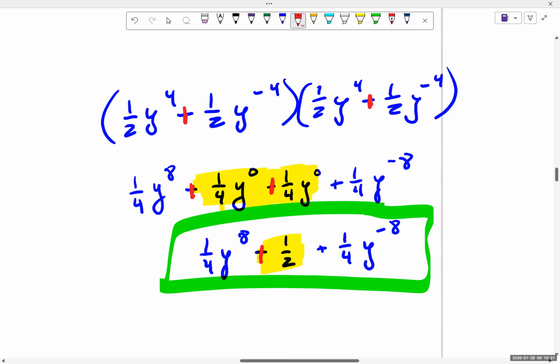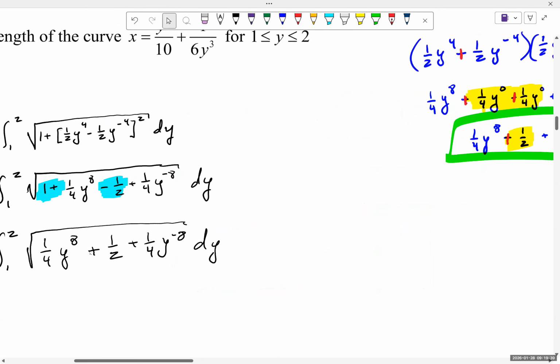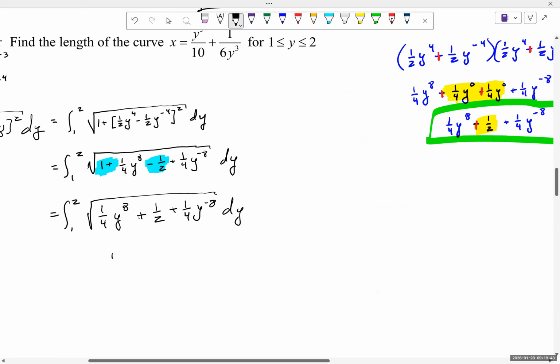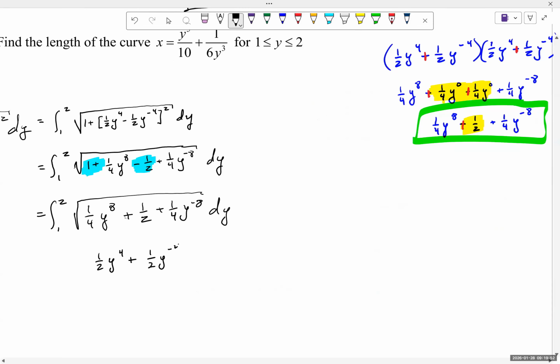Yeah? So that means that this thing here with the plus sign factors to 1/2 y to the 4th plus 1/2 y to the -4th, quantity squared, under a root dy like that.